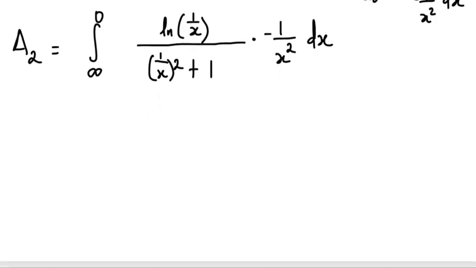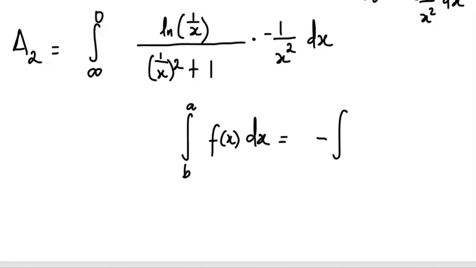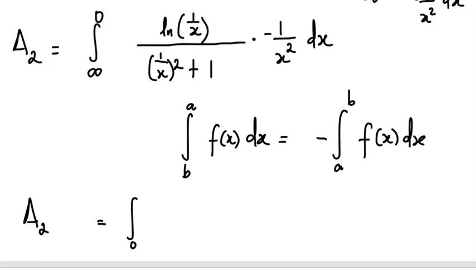Now let us recall the following. We know that the integral from b to a of a function of x dx is equal to the negative integral from a to b of that same function of x dx, as you switch the limits of integration. So our a sub 2 is going to be equal to, when you switch the limits running from 0 to infinity, the negative sign at the dx side is going to cancel, right? And natural log of 1 over x is the same as negative natural log of x, right?